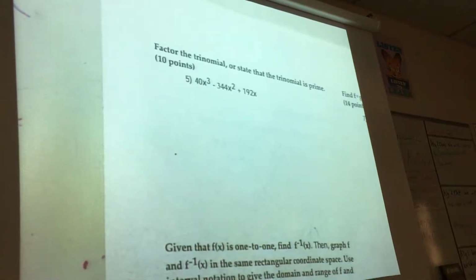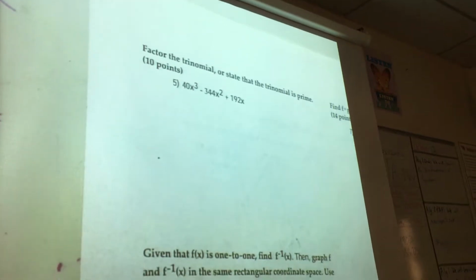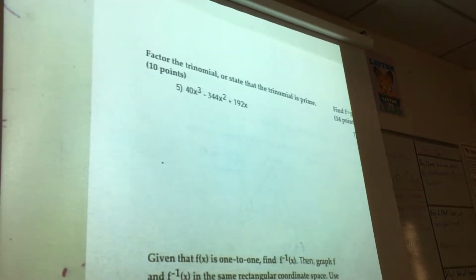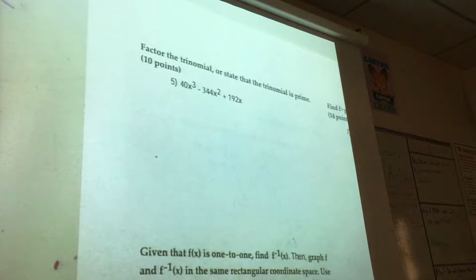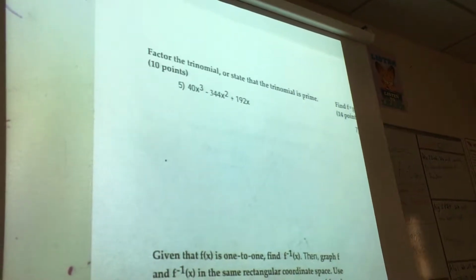Flipping it over to number 5. I know right away you guys were doing 40 times 192, and that's a huge number. But when we look at 40, 344, and 192, you should be able to simplify something first. 8x.